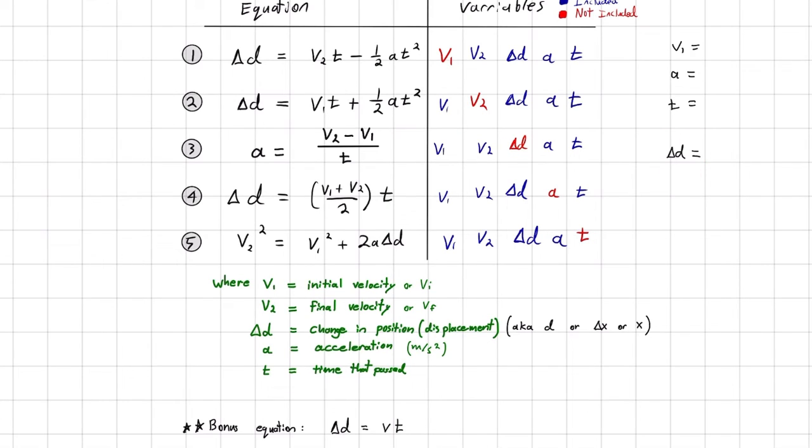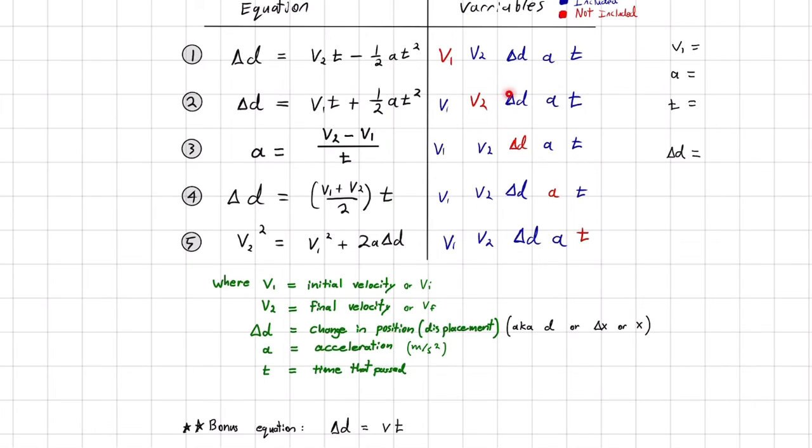Well, you're going to look at these 3 variables and this 4th one that's unknown, and find out in which of the equations contain all 4 of those variables. So we need V1, and we need A, and we need T, and delta D. So our answer is going to be this one.